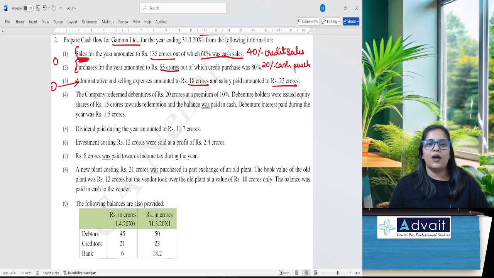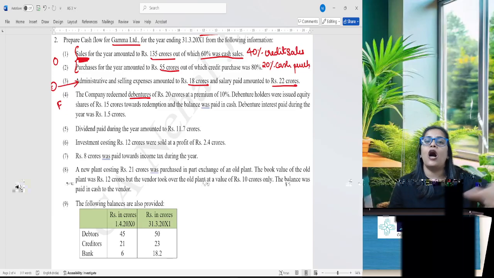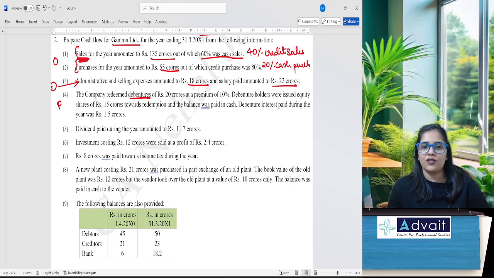Okay. The company redeemed debentures. So debentures means this will become financing activity. Matlab, if you are redeeming, then can I say it is 22 crores?